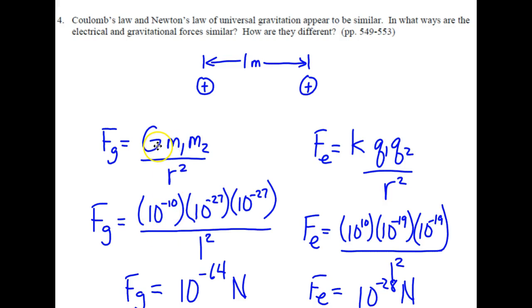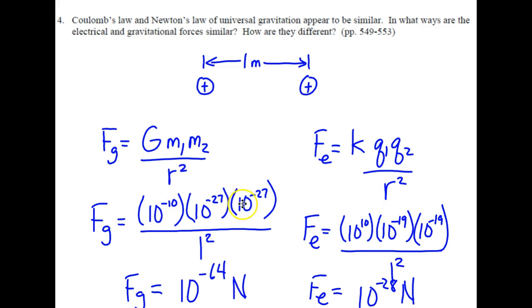The order of magnitude for big G would be 10 to the negative 10. I believe the actual number is 6.67 times 10 to the negative 11. That's greater than 5.5, so you'd round up, but with a negative exponent, that means the exponent itself increases. So 10 to the negative 10 would be the order of magnitude for big G. The mass of a proton is 1.67 times 10 to the negative 27.